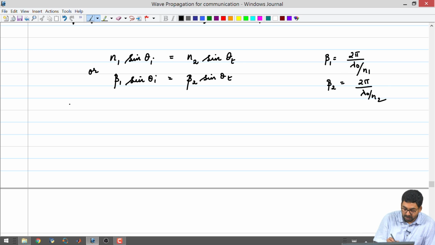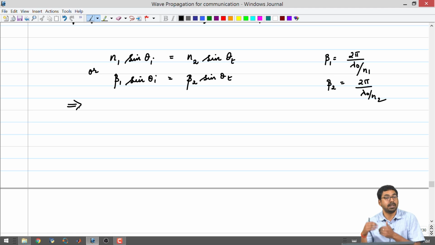And one of the things that we have done in all the prior derivations is that wherever we had sin theta t or cos theta t in our reflection coefficient calculations, we had cos theta t coming into the picture. Whenever we had some cos theta t, we tried to substitute it in terms of theta I to reduce the number of variables, right.